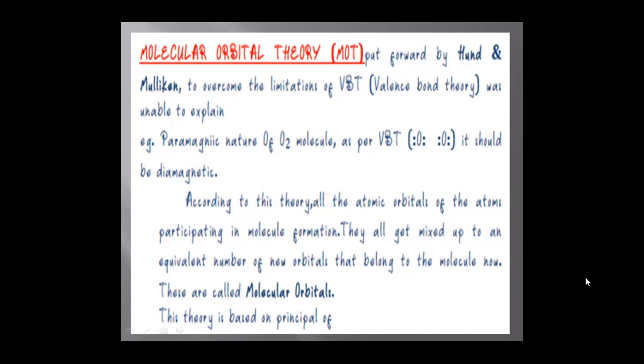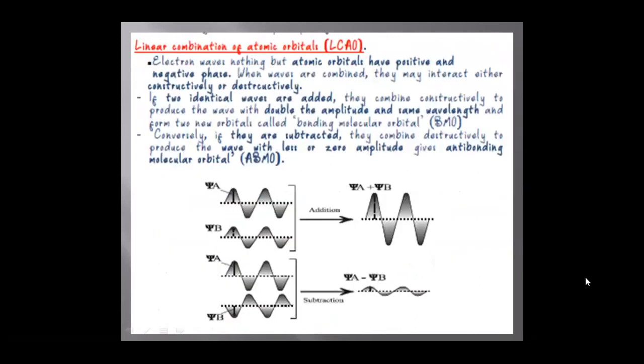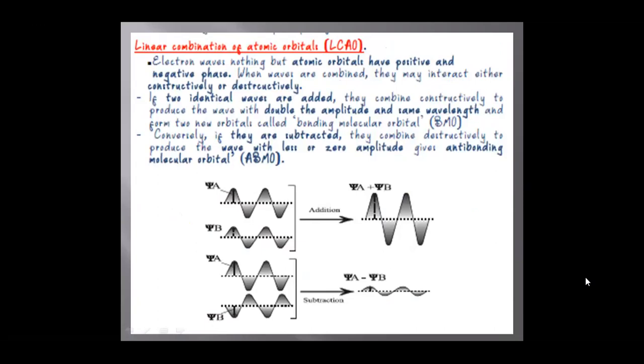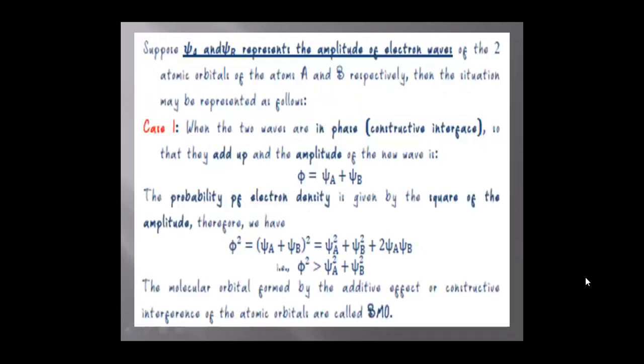These are called molecular orbitals, and the theory is based on the principle of linear combination of atomic orbitals. Linear combination of atomic orbitals can lead to the formation of bonding molecular orbitals and anti-bonding molecular orbitals, that is, additive and subtractive combinations.